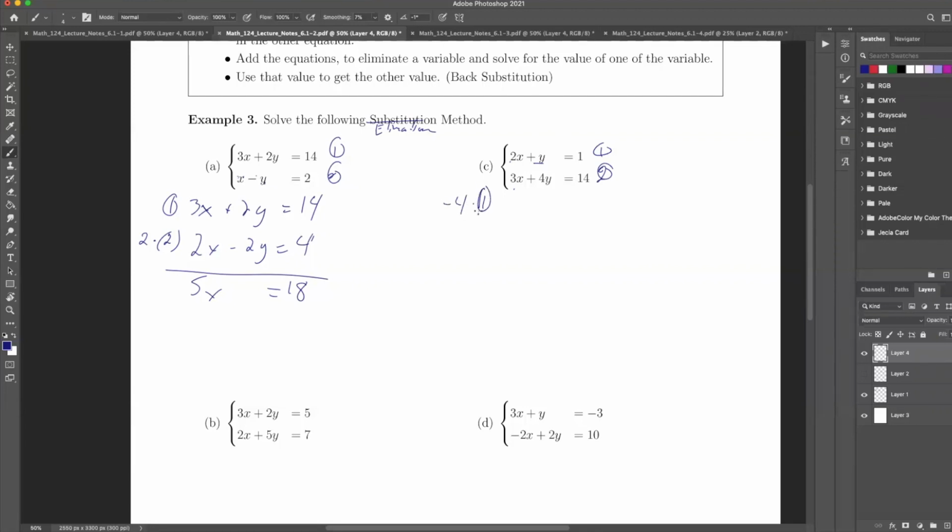If I do that, I get minus 8x minus 4y equals minus 4. And then here I'll just keep equation 2 the same. So I get 3x plus 4y is equal to 14. And then when I add this up, I get minus 5x, 0y equals 10.